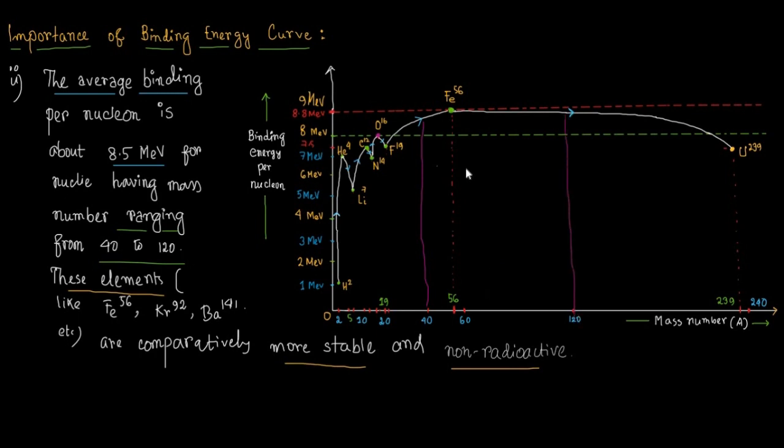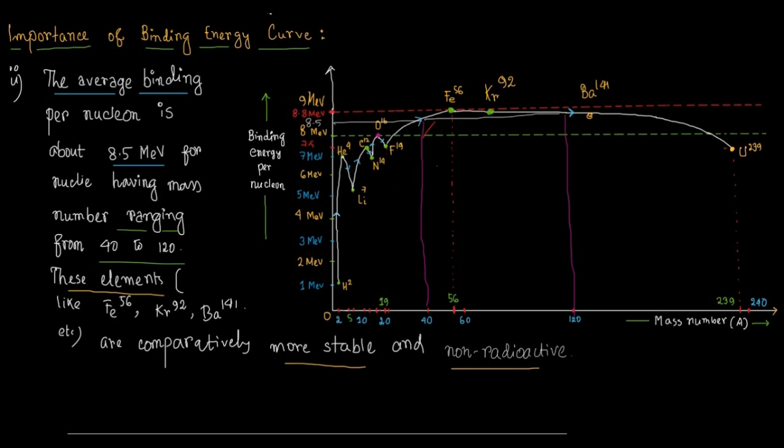Now we can denote this region in which elements have mass numbers 40 to 120, and the binding energy per nucleon for these elements is about 8.5 MeV. These are the positions of krypton 92 and barium 141.